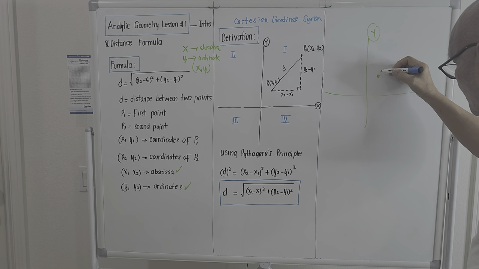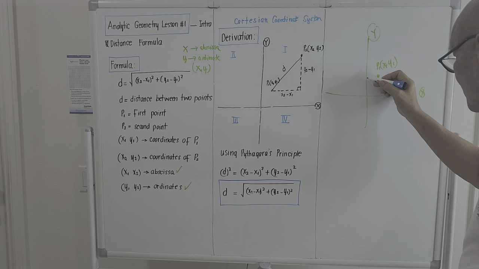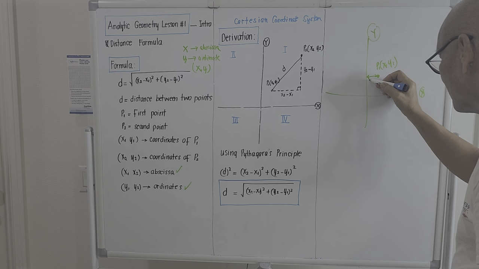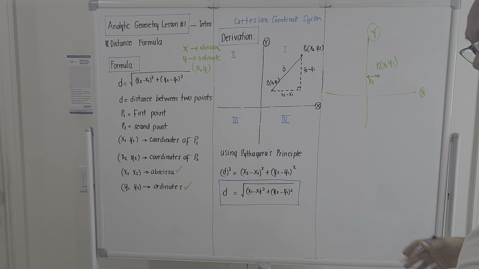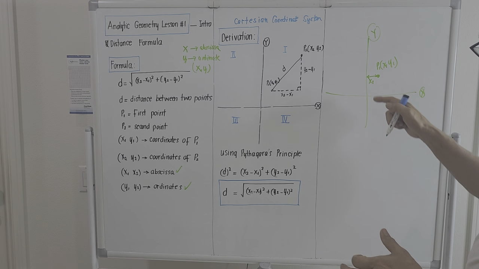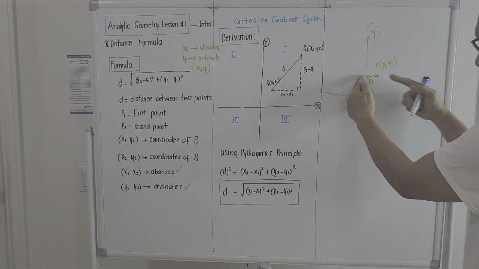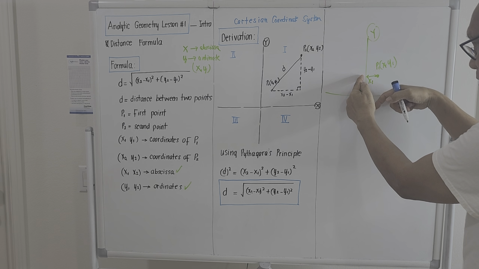If I say that this is point number 1, and the coordinates will be x1, y1, abscissa is this distance here. This is x1. So if we try to define what is abscissa, abscissa is actually the distance of a coordinate of a point from the y-axis. It's a horizontal distance emanating from the y-axis as reference. That's abscissa.